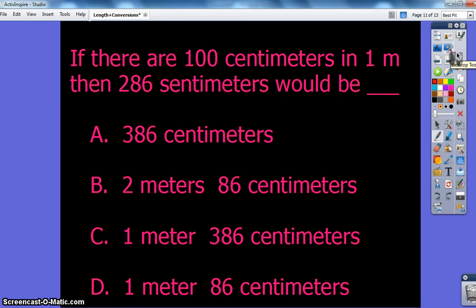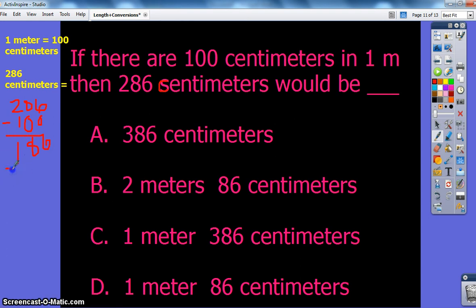Okay, if there are 100 centimeters in 1 meter, then 286 centimeters, that should be a C, would be blank. Start thinking. For this problem, I know that 1 meter equals 100 centimeters. If I have 286 centimeters, I want to convert it to meters and see how many centimeters are left. So if I take 286 and take out 100 centimeters, I get 186 left.